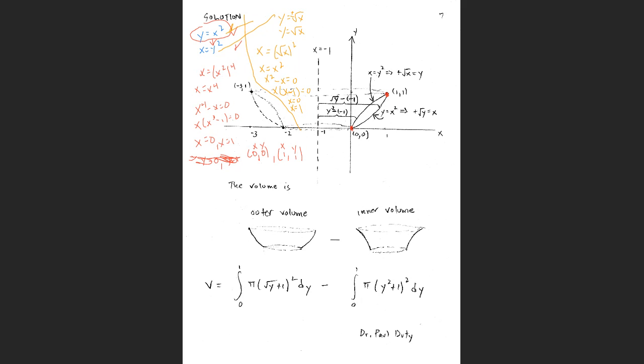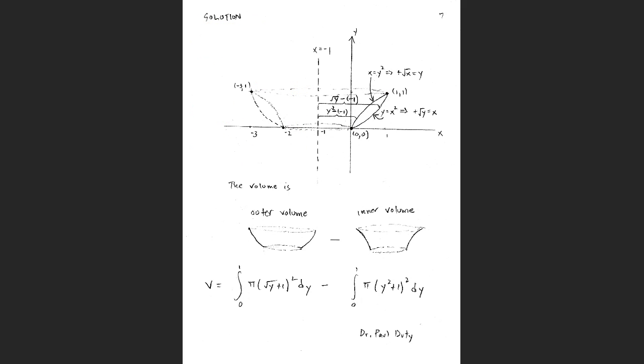So, all right. We need here to find the volume found by rotating that region about the vertical line x equals -1.